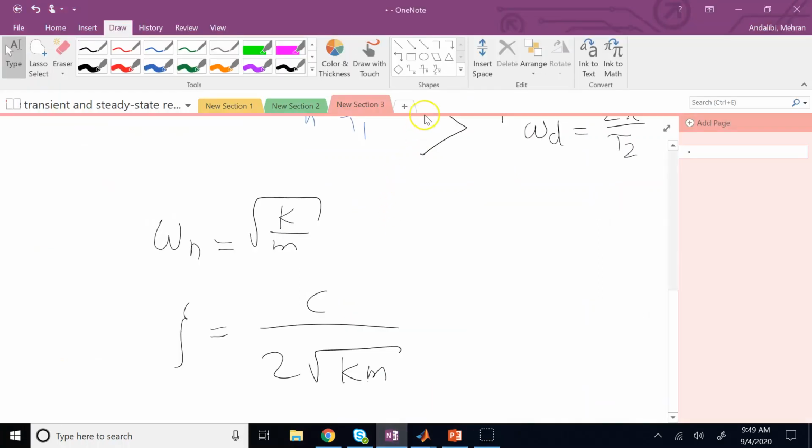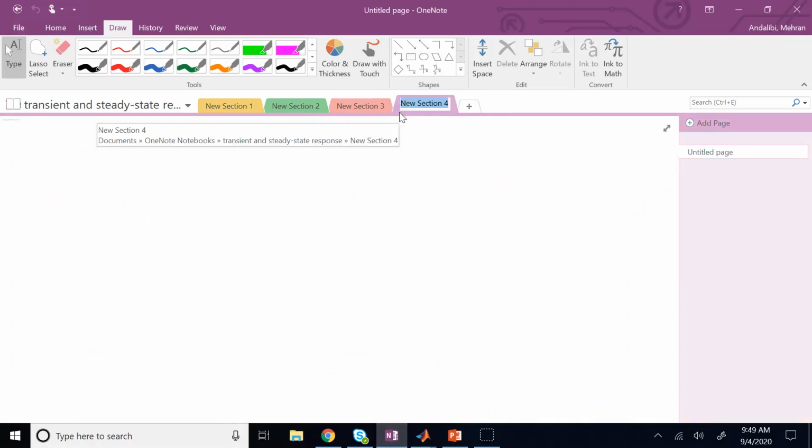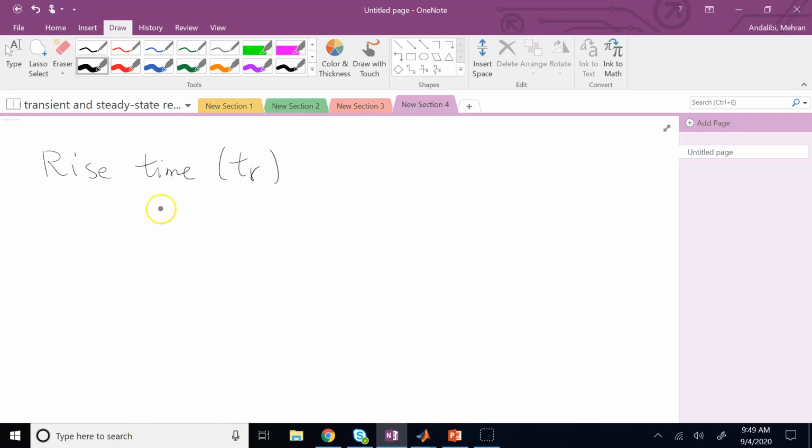Okay, so before I go any further, I mentioned for you here that for rise time, TR, if the system is overdamped or critically damped, you will never exactly go to 1.